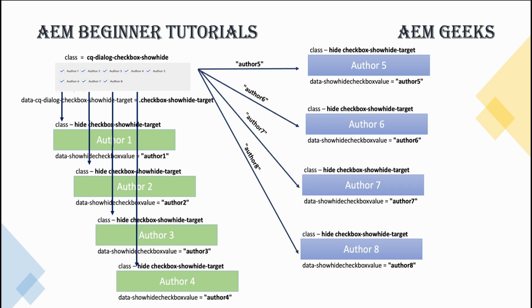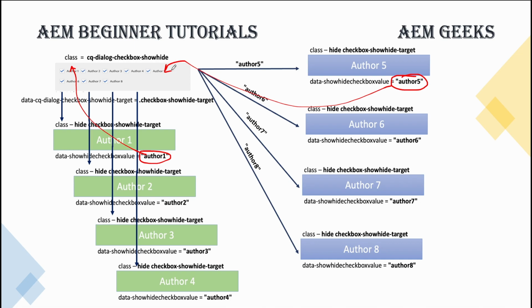So these values should be bound to the values of my checkboxes. Let's say if the value is author 1, this value should be bound here. If I say this is tab 5, author value 5, it should be bound to this checkbox value, so that we can make it generic. We can reuse this script or handler for any other dialog field if we have the same kind of scenario.